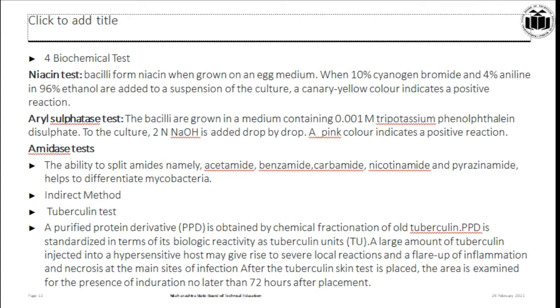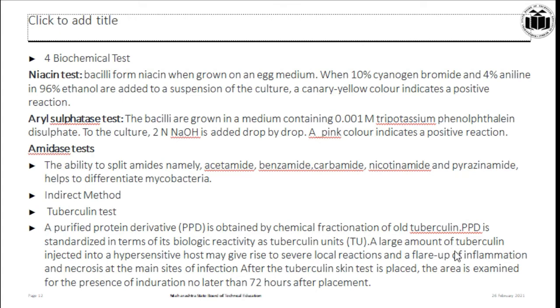The amidase test is also used because the bacteria has the ability to split acetamide, benzamide, carbamide and nicotinamide, which is shown by Mycobacterium.